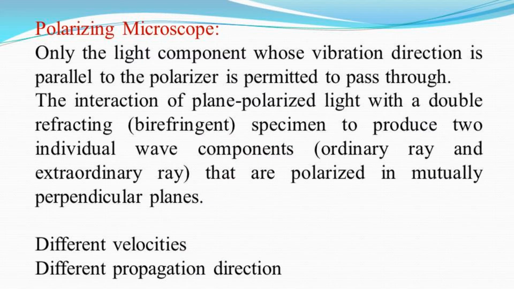Next is the polarizing microscope. Here, only the light component whose vibration direction is parallel to the polarizer is permitted to pass through. The interaction of plane polarized light with a double refracting specimen produces two individual wave components, one is the ordinary ray and the other is the extraordinary ray.